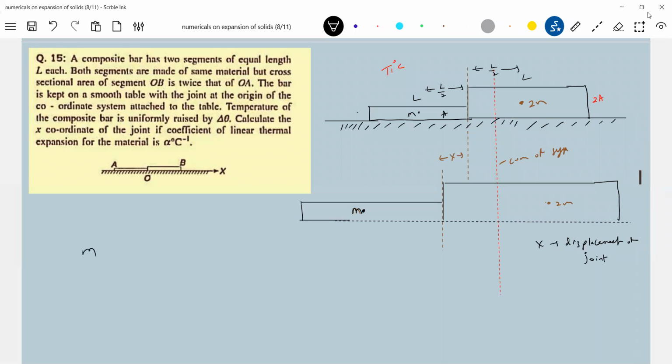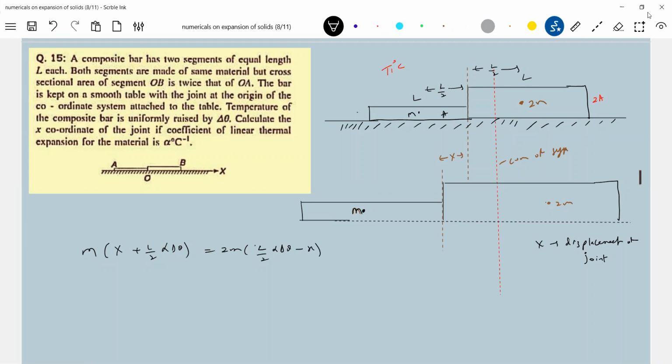M into the displacement of the center of mass of the thinner rod, there should be X plus L by 2 alpha delta theta. 2M. Due to thermal expansion, it will shift towards right. But due to shift in joint, it will be towards left here. Solving this we will get the expression for X.